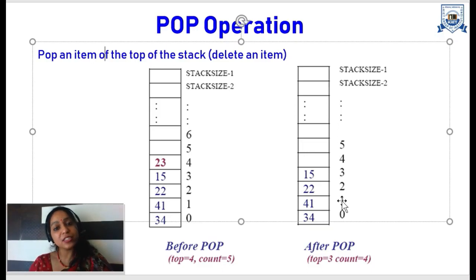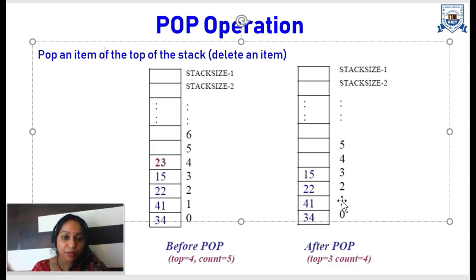So this is the stack data structure where insertion and deletion both occur from a single end, and that particular end is called top. Insertion takes place from the top index location and deletion also takes place from the top end of the stack.